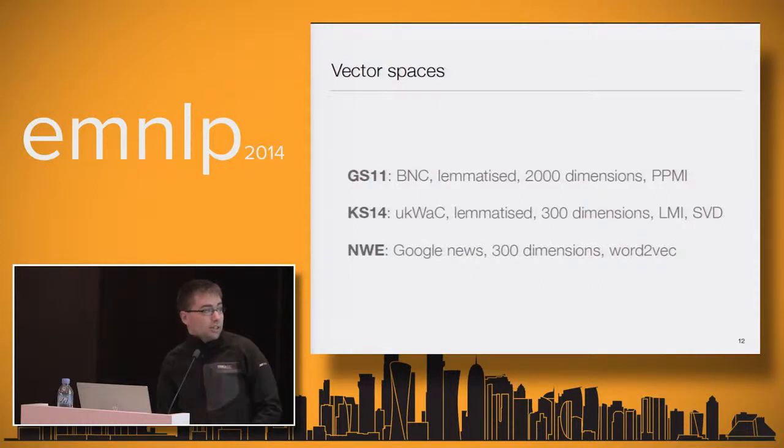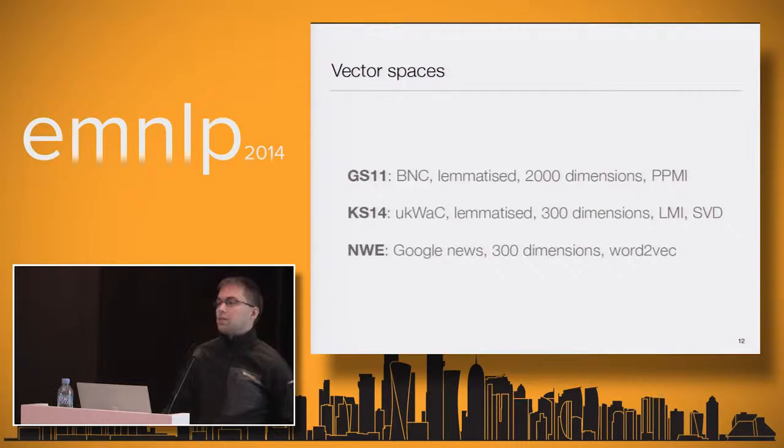The second one is using a larger corpus. It also uses SVD to get smaller vectors. And the last one is the neural embeddings by Mikolov, which we didn't train. We just took them from the website.